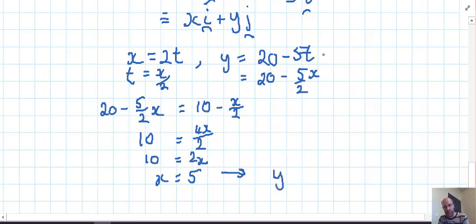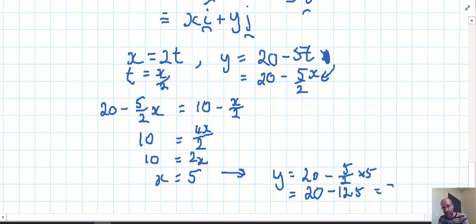Now we sub that into one of the equations. Let's choose that one there, and y equals 20 minus 25. Sorry, that's the wrong equation. Try that one there. 20 minus 5 over 2 times 5. Glad I caught myself then. And that's 25 over 2, which is 12.5, which gives 7.5.